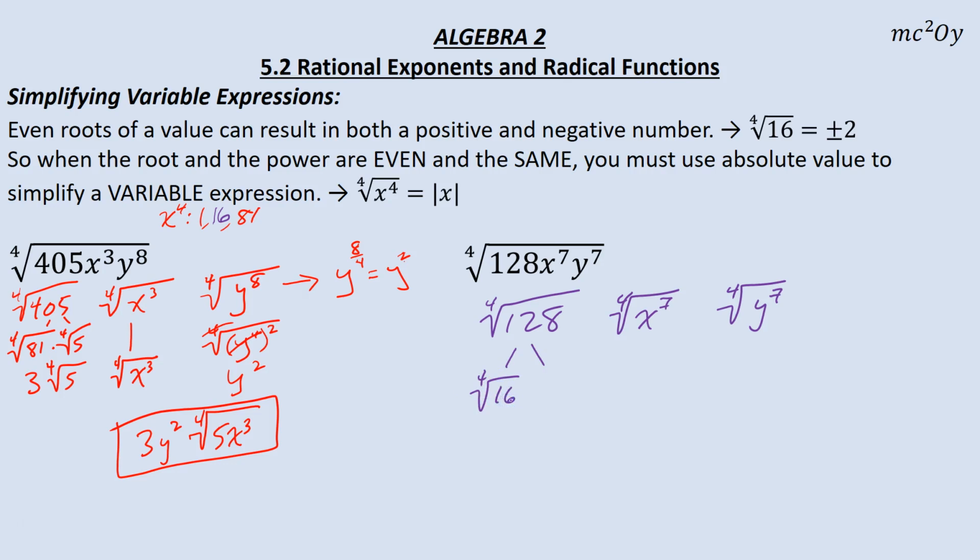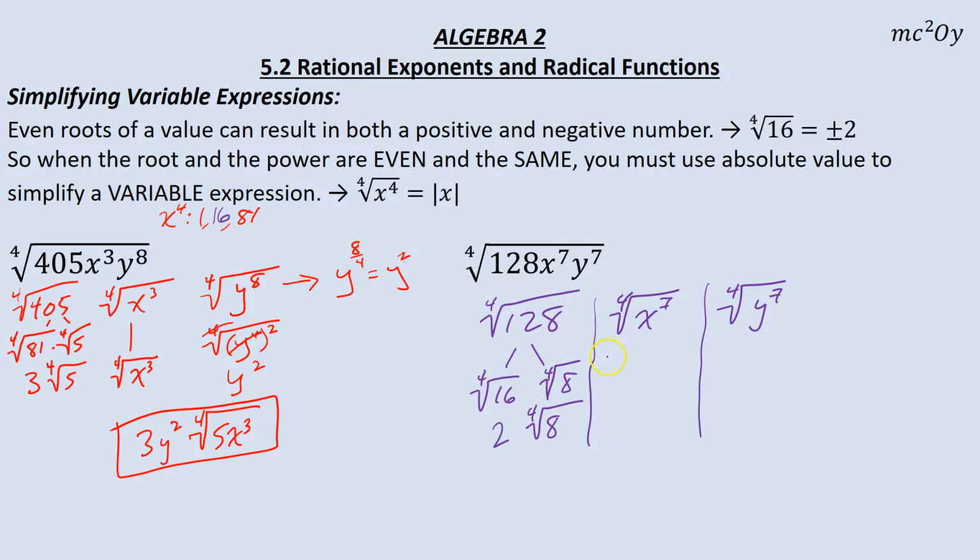That 8 is the cubed root. And the 4th root of 16 times 8 makes 128. And the 4th root of 16 is 2, and the 4th root of 8, can't do anything with. So we're done there. Let's go on to this part of the problem.